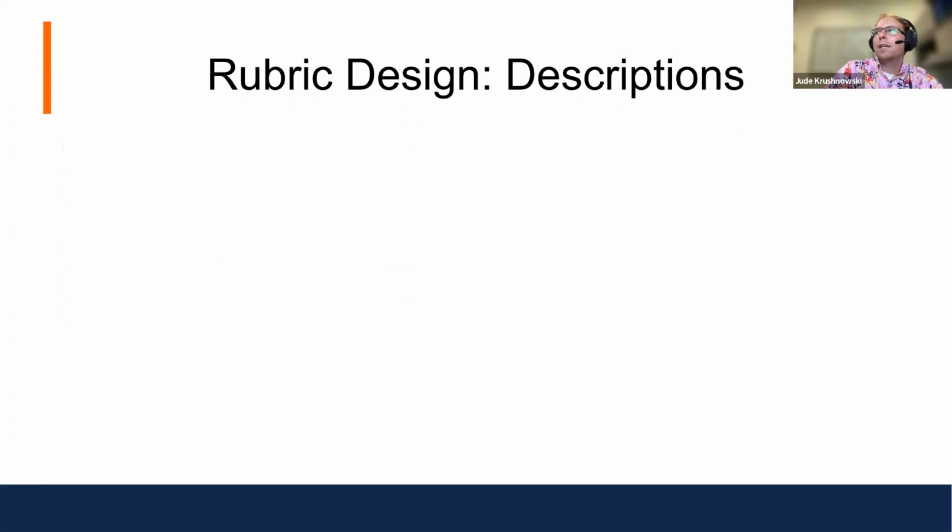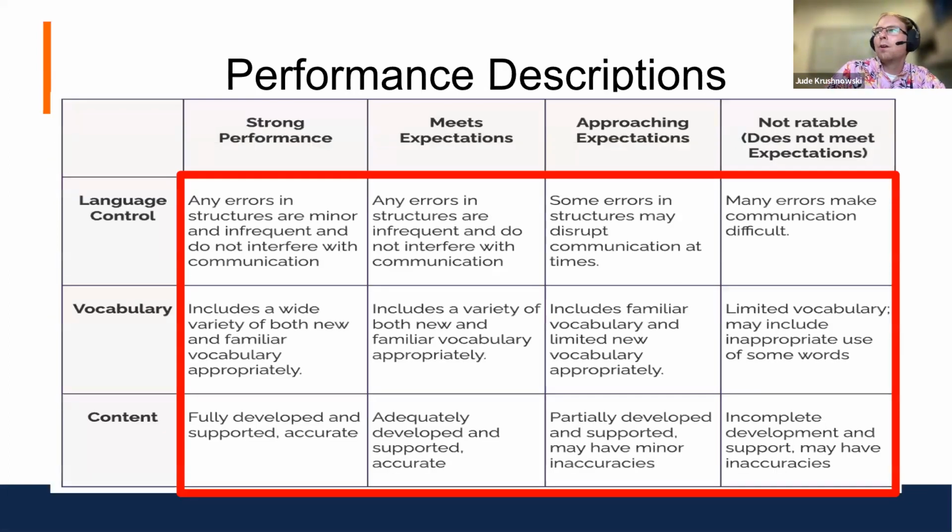Okay, so if we take a look at this rubric here, when we're writing our rubric, we would start with the strong performance, right? And that would be the first level of descriptions that we write. We start at the very, very top, right? And then we work our way down in terms of what we would expect students at lower levels to produce, okay?